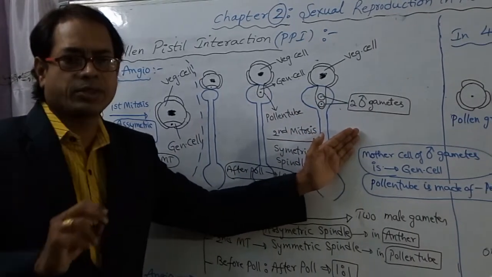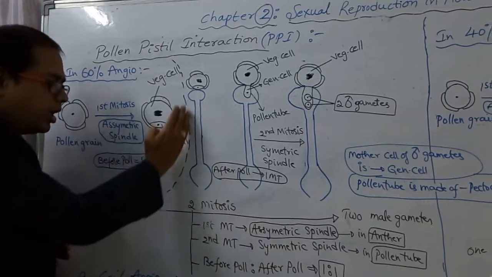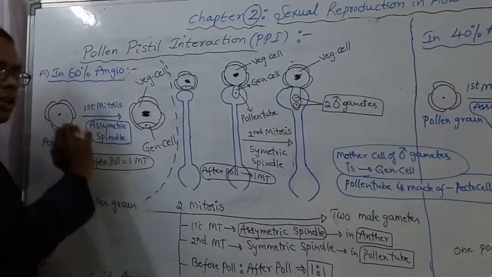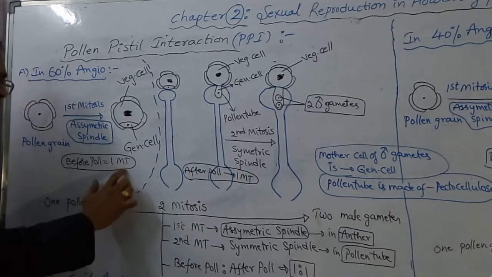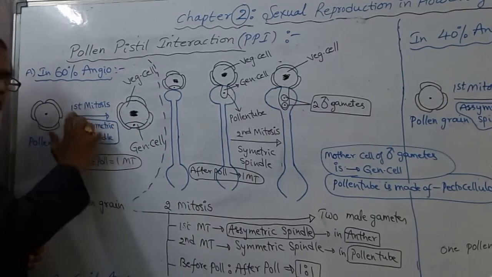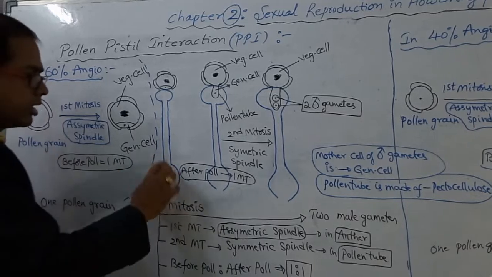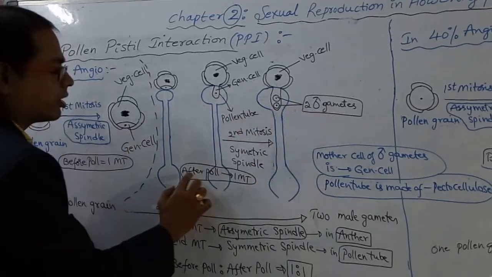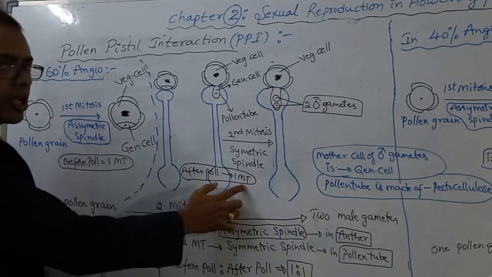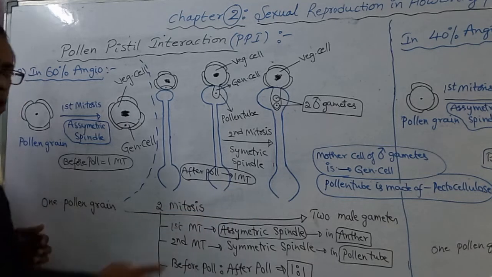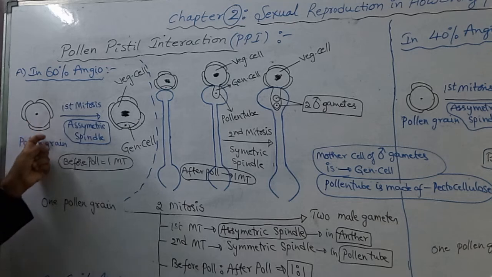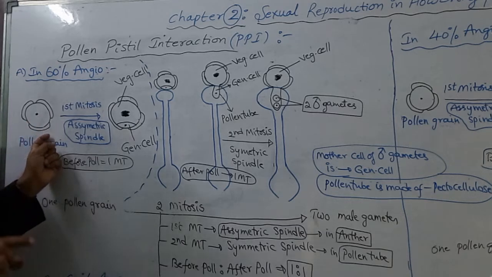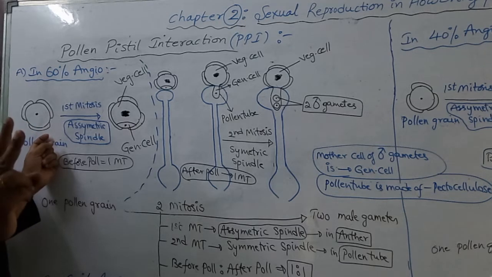Two male gametes. This part is before pollination and this part is after pollination. Before pollination, how many mitosis will occur? One mitosis. After pollination, how many mitosis will occur? One mitosis. So for the formation of two male gametes from each pollen grain, the number of mitosis required is 2.